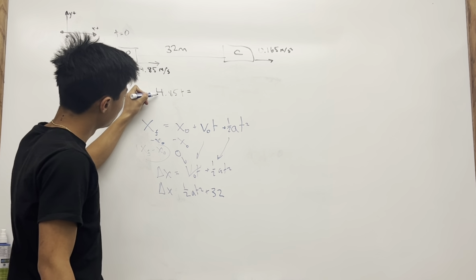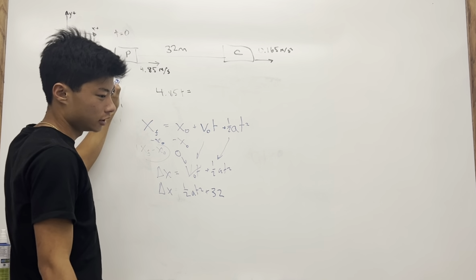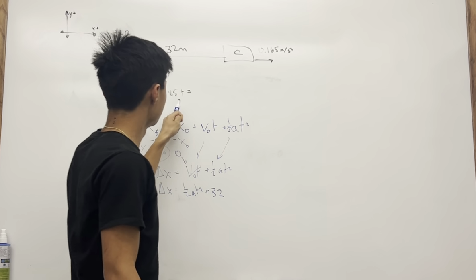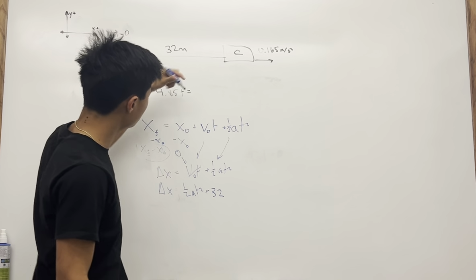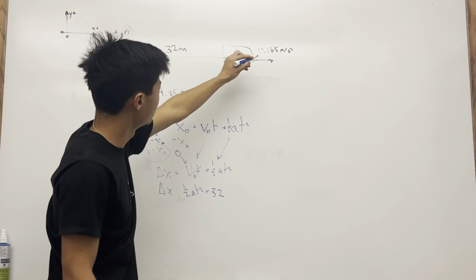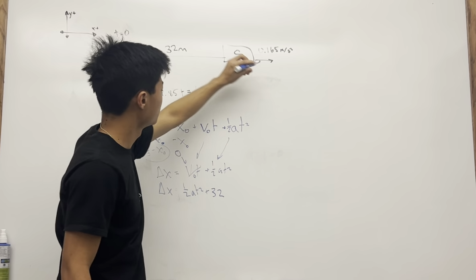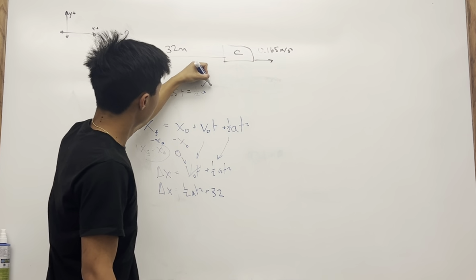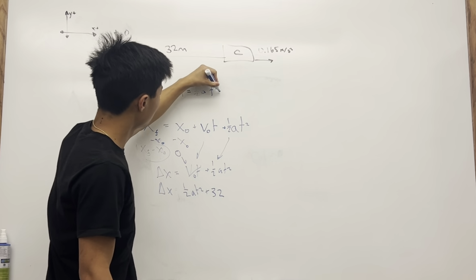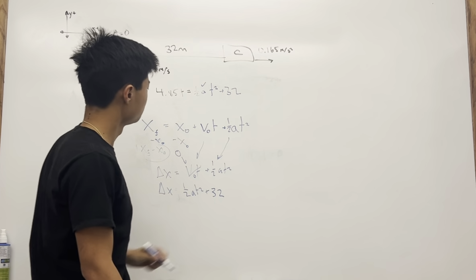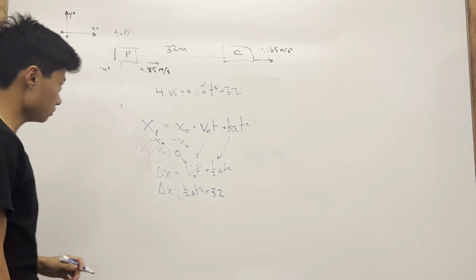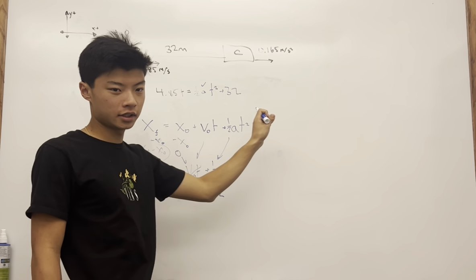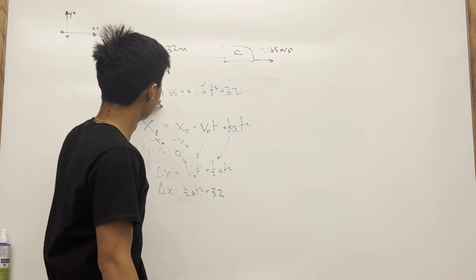And then this 4.85t, which is the position of the puppy at some time, has to be equal to 1/2 the acceleration, which is known, times time squared plus 32. Now, if we substitute our acceleration in here and put everything on one side, we'll see that we have a quadratic equation.